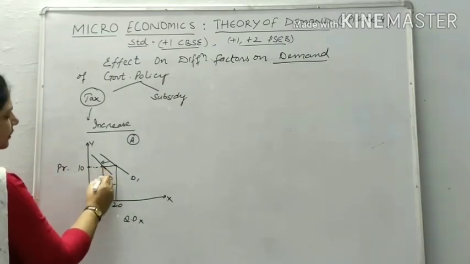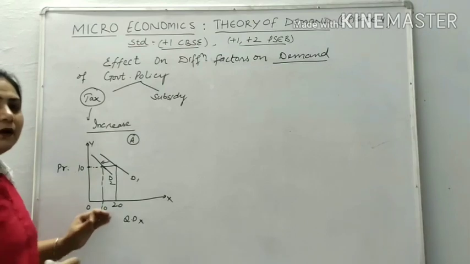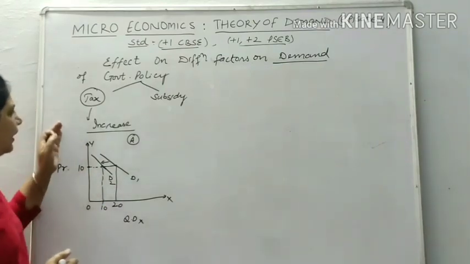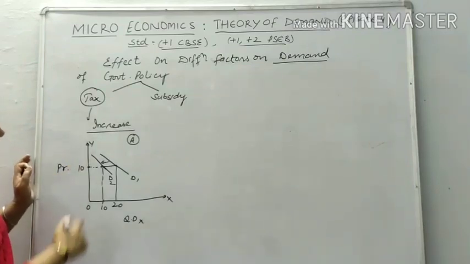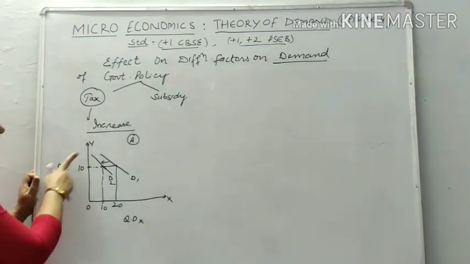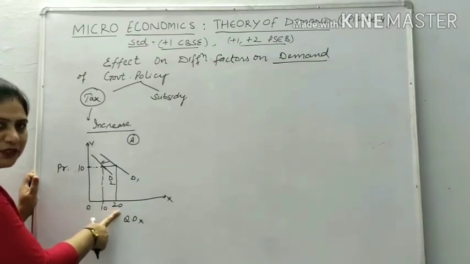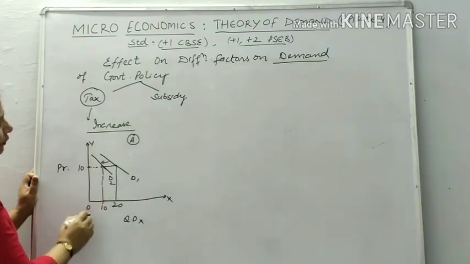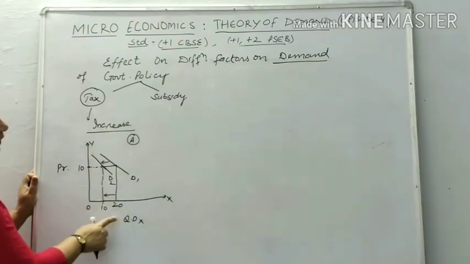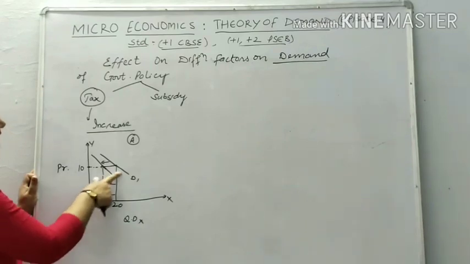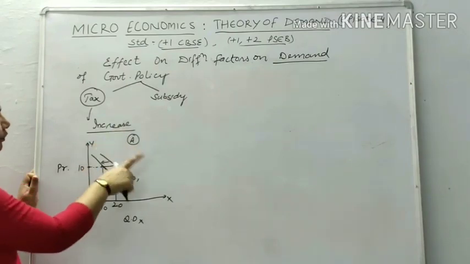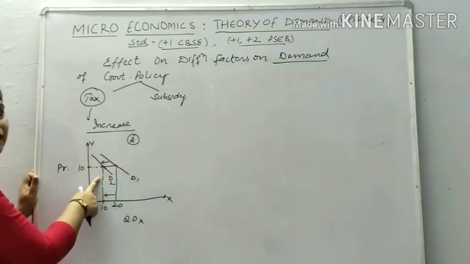I hope students you got the idea of what I want to make clear. The consumer at the same price is able to purchase 20 units, but after imposing more taxes, he can now afford a lesser quantity of good X. This can be shown through D1, the prior condition before tax imposed, and this is the condition when taxes are imposed on him.